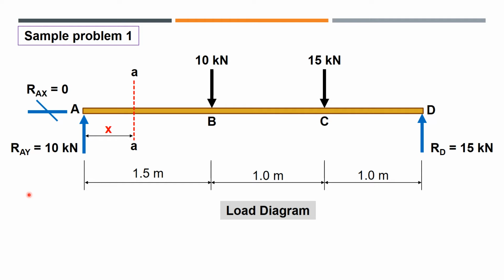Meaning, the value of x can be from 0 to 1.5 because the imaginary cutting plane you used passed between A and B, so that your x is any value between 0 to 1.5 meters. Later, from there we will get the value of shear and moment using the different values of x from each segment.